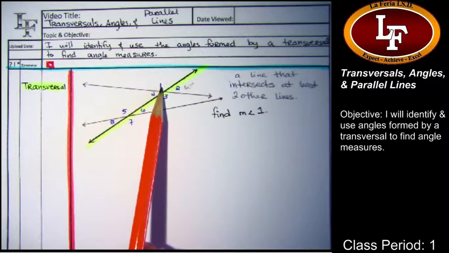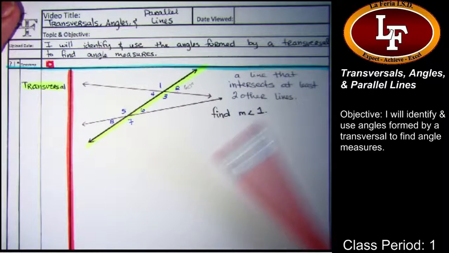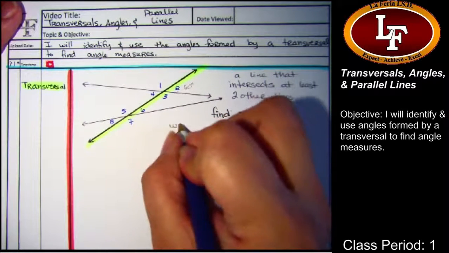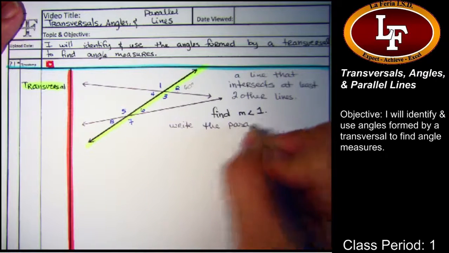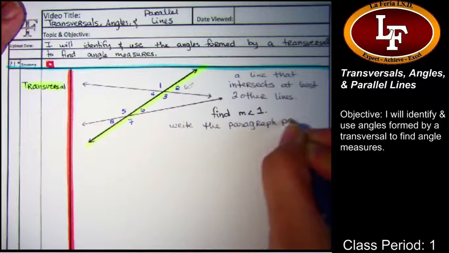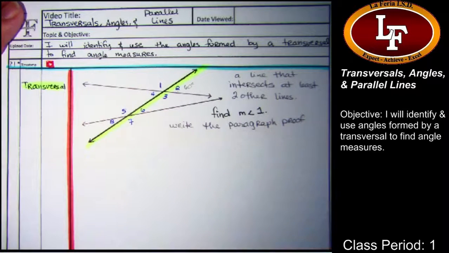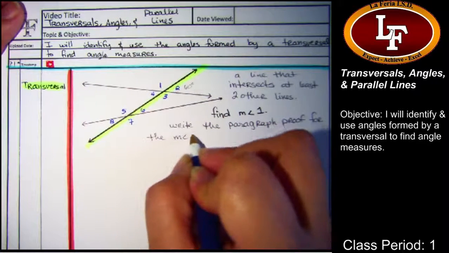If you wrote exactly those words in a paragraph, that's a perfect paragraph proof. So I want you to write the paragraph proof for the measure of angle 1, which is exactly what we just said.